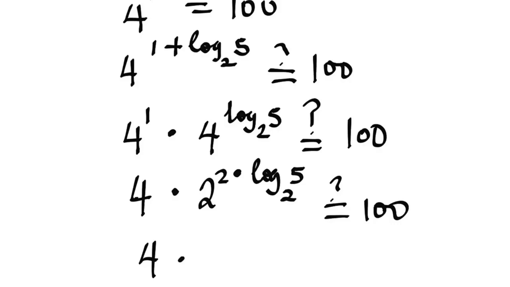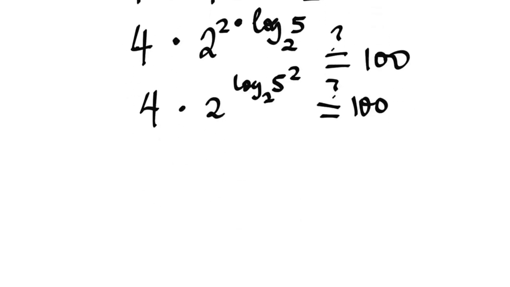We'll have 4 times, and these two we have to bring here to become the power of 5. So therefore we're going to have 2 to the power of log base 2 of 5 to the power of 2 equals 100.